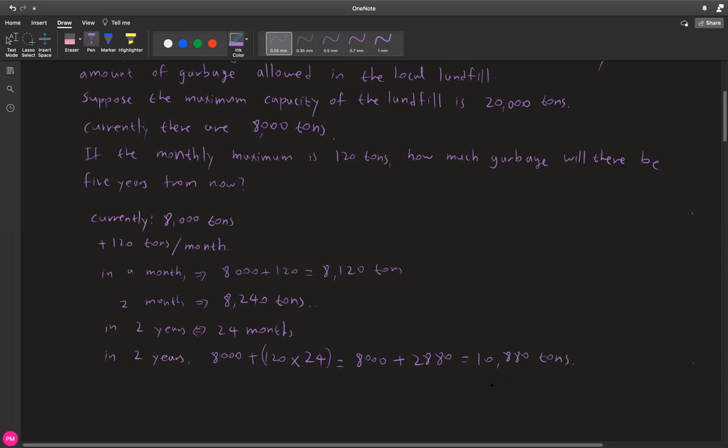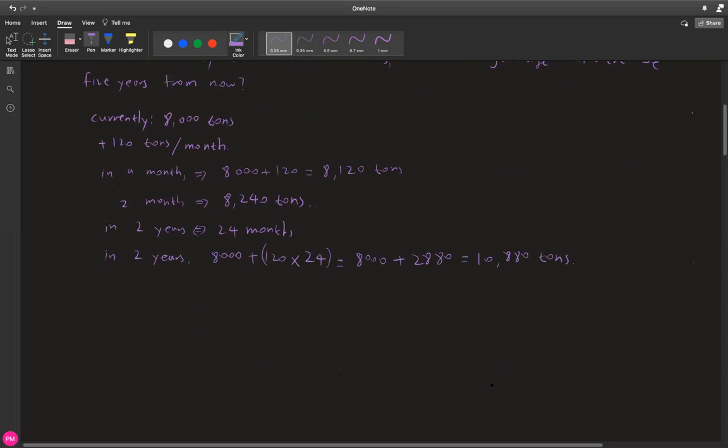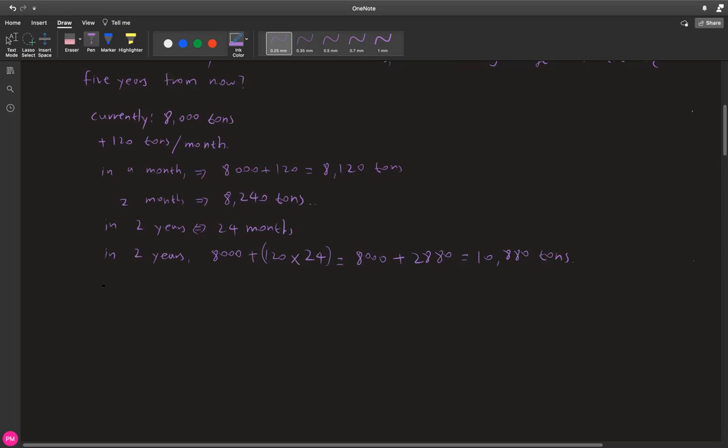So that was pretty simple, right? What if the question asks, however, how long? Let's say this is the second part of the question. How long would it take the landfill to reach its maximum capacity?